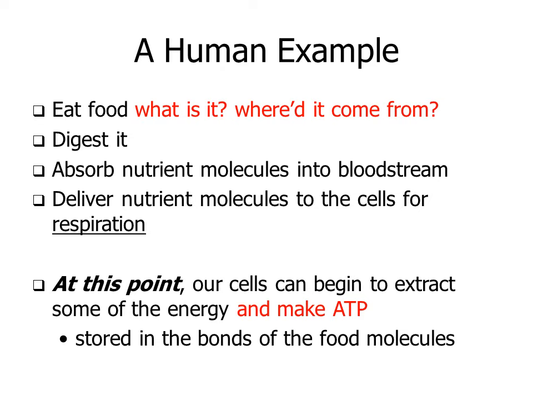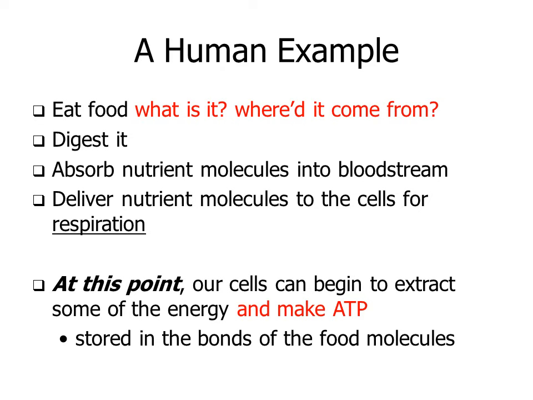Alright, human example. We eat food. What is it? It could be a plant. Where did it come from? Could be a buffalo. But all of that food came from the plant, which made it from the sun. We then digest that food. We'll take the case of lettuce. We break it down. We then get all these nutrients into the bloodstream, like glucose from digesting the plant.